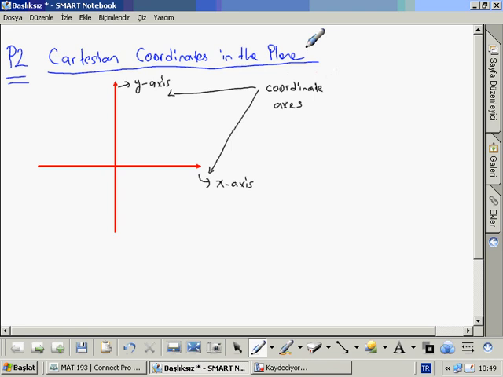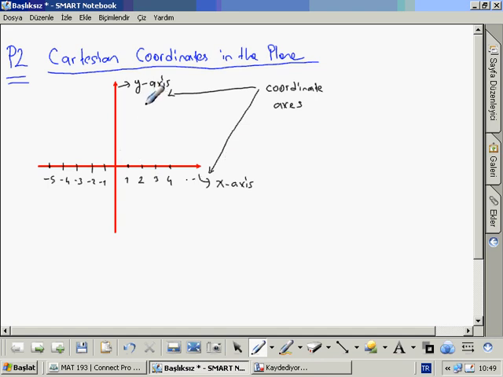The horizontal axis, which is named x-axis, will be numbered from the left hand side to the right hand side, minus to the infinity. For example, this is -5, -4, -3, -2, -1, +1, 2, 3, 4, like that.